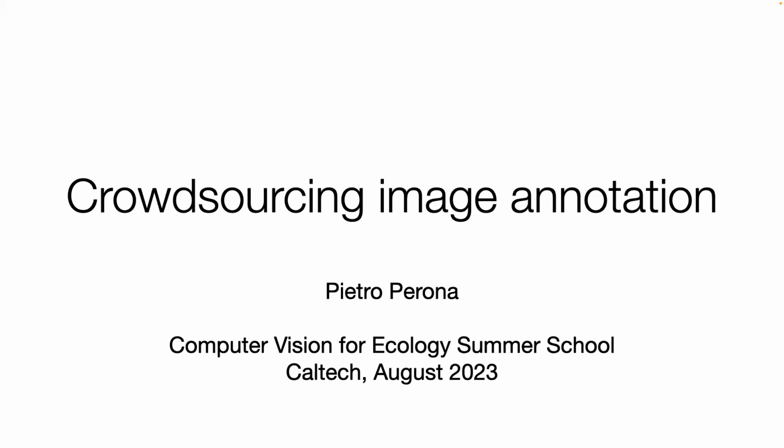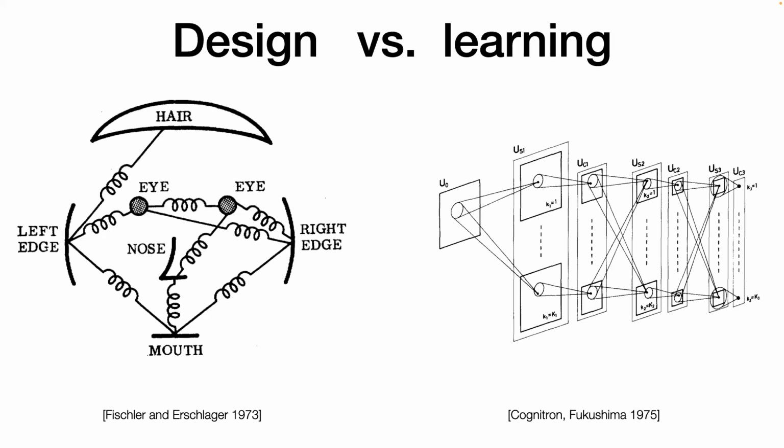So let me give you an historical perspective to start with. From the 70s, there were 2 points of view on how to solve computer vision problems. The prevalent one was based on engineering, and it was the left one, where, as you can see from the diagram, here 2 people, Fischler and Schwager, are trying to build a face detector in images. And they say we have to find the eye, the nose, and the mouth.